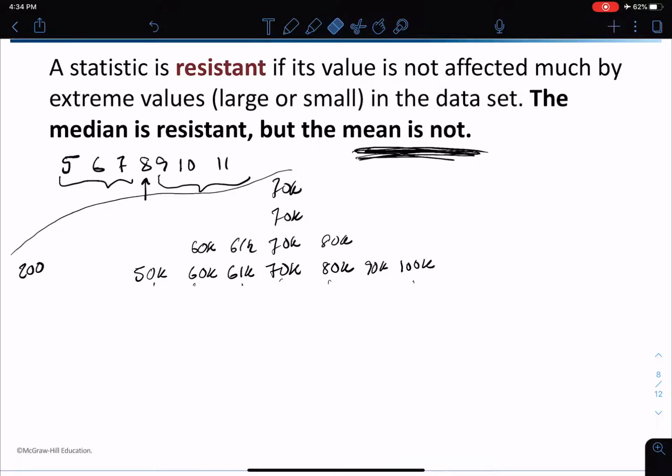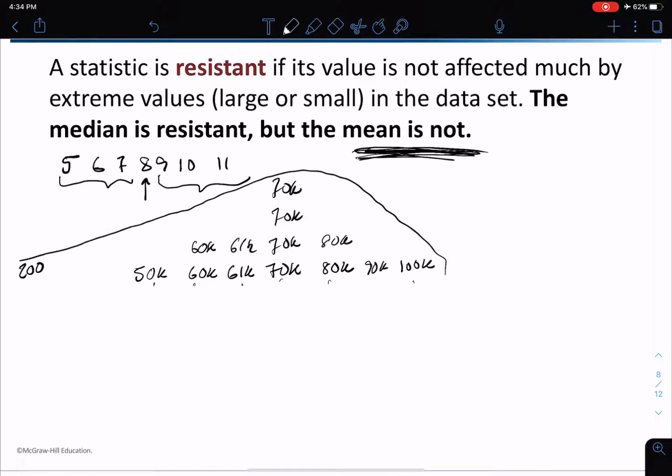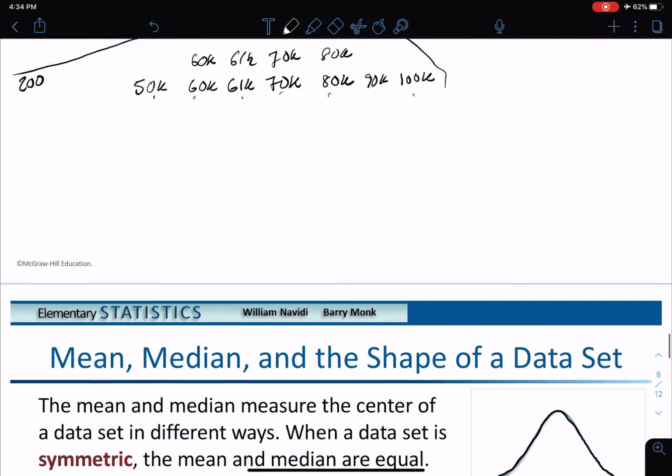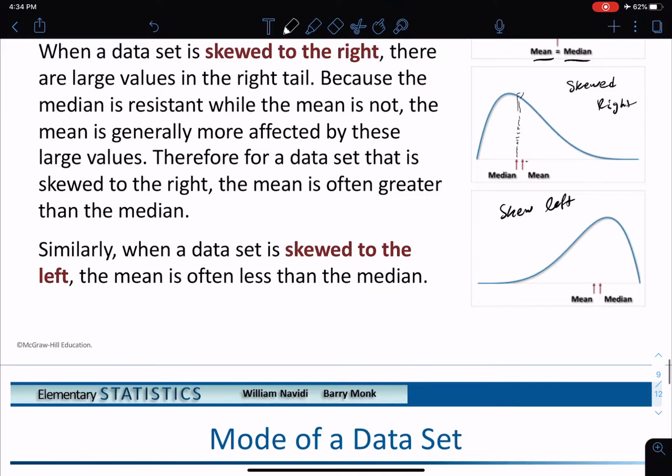That's not a very good drawing of that, but we're going to have this thing that looks pretty normal, but then it gets skewed down the left because something is so much smaller. So that is going to cause the mean to go to the left. The median stays at least a little bit truer to being in the middle of that data set, but the mean starts slipping to the left.